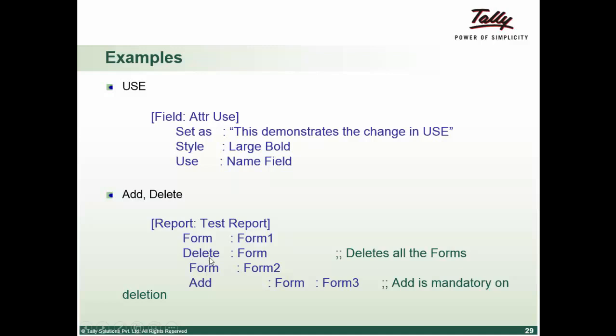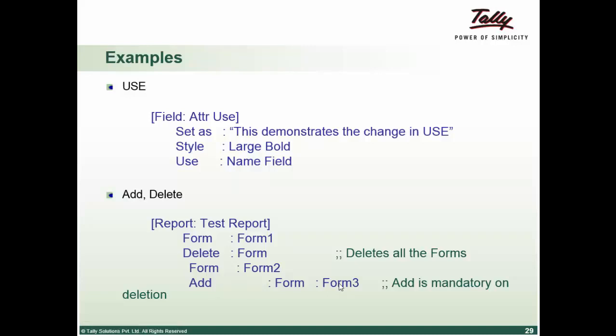Then we have written delete form. Then add, delete and replace. So in the sequence you have written, now delete is written first. So it deletes form 1 and form 2 because we have written delete form and we have not specified which form. So form 1 and form 2 both get deleted. Add form 3 adds the form 3. Right?